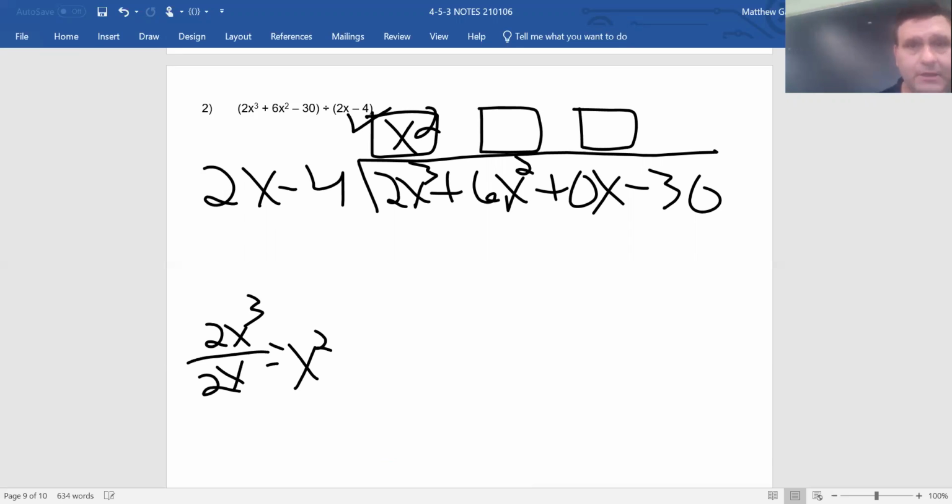Distribute x squared times 2x minus 4 is 2x cubed minus 4x squared.